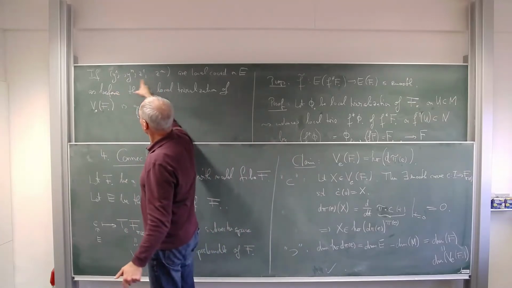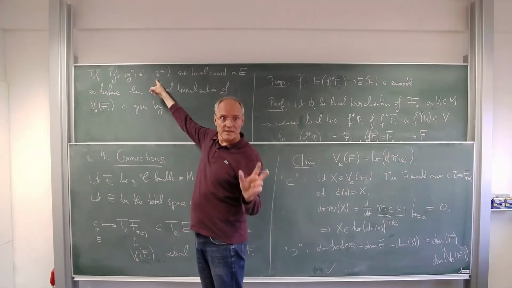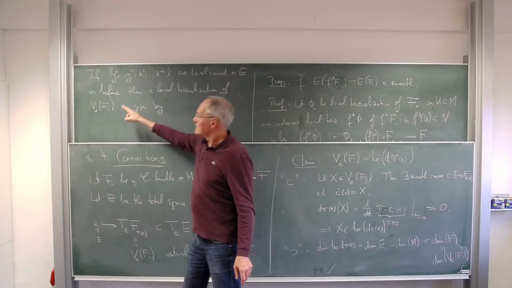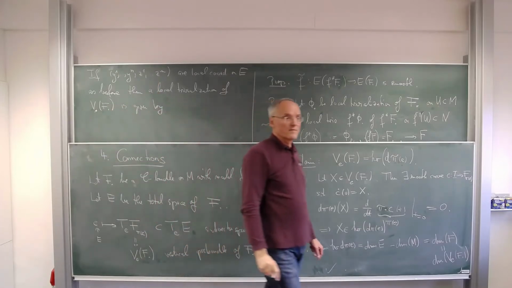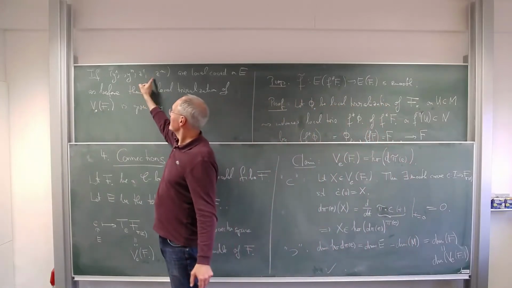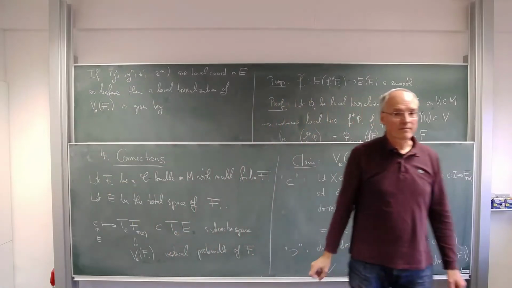Now, if you look at the coordinate vector fields of these coordinates on the total space E, which ones span this space? I'm claiming a subset of the corresponding coordinate fields here actually form a basis of this subspace here.